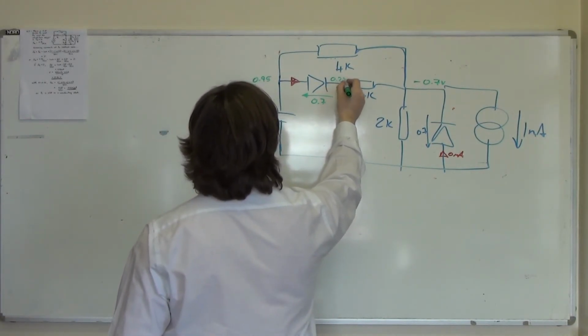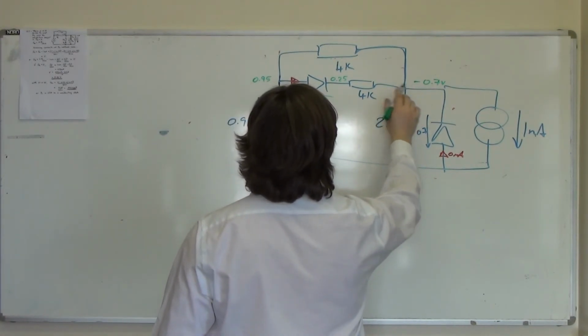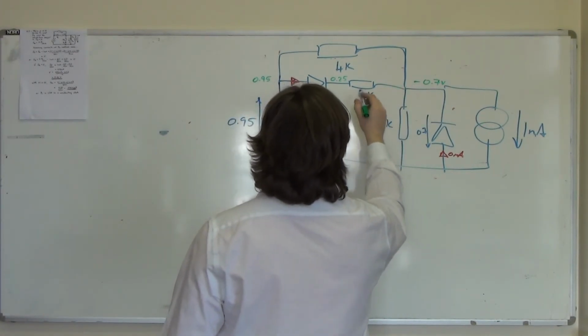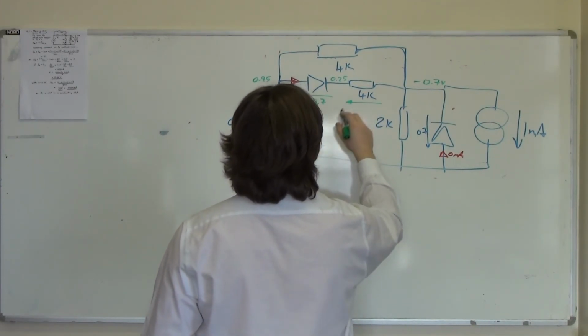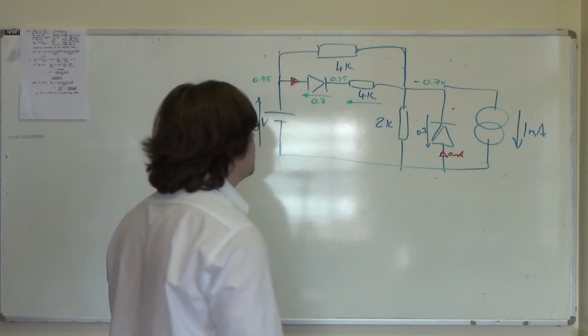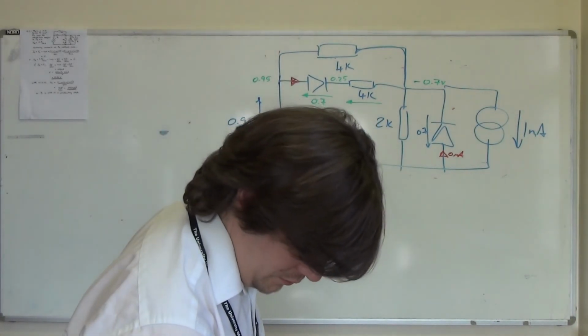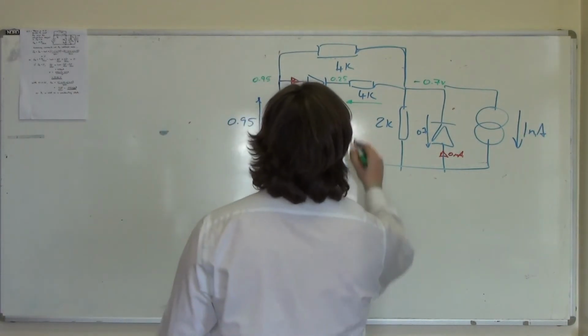Why did I not do that in my head? And this is minus 0.7, so the voltage across 4K is now 0.7 plus 0.25, 0.95.